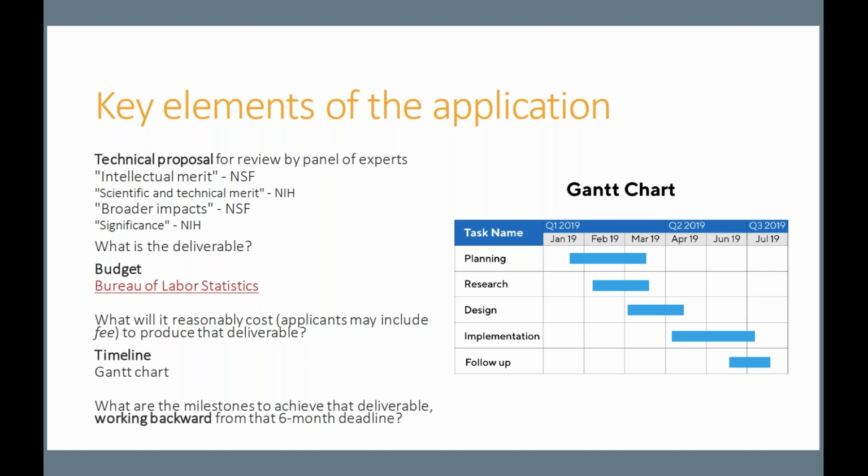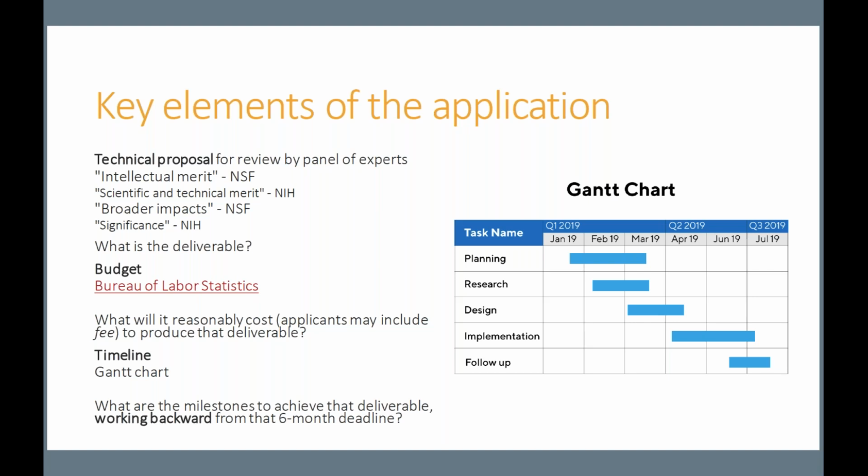NSF, the National Science Foundation, will be reviewing my application based on intellectual merit and broader impacts. Great, I better make sure in my application I include a very clear section on intellectual merit and broader impacts. National Institutes of Health will be reviewing this proposal, and their reviewers will be asked about scientific and technical merit as well as significance.